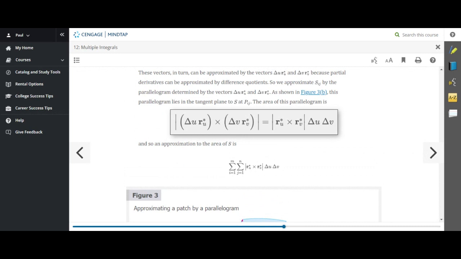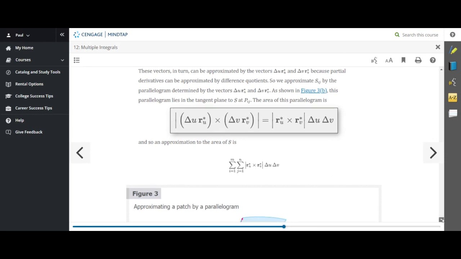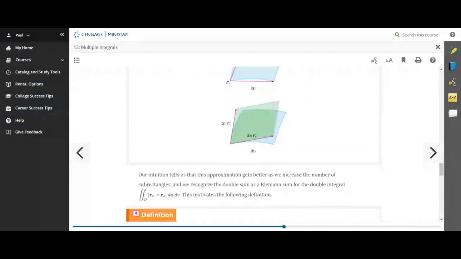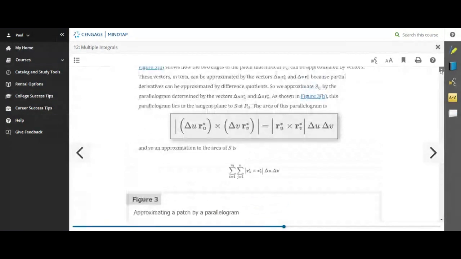So in this picture here, we want to find the area of that parallelogram formed by sides delta u times r sub u and delta v times r sub v. The area of that parallelogram is going to equal the length of the cross product of those two vectors.